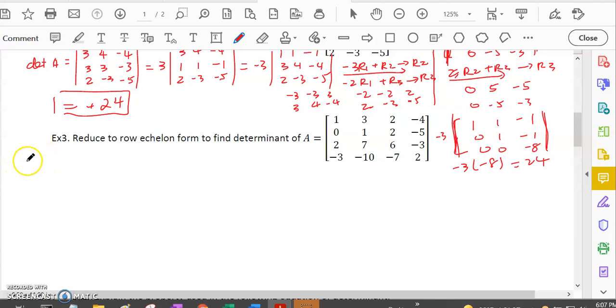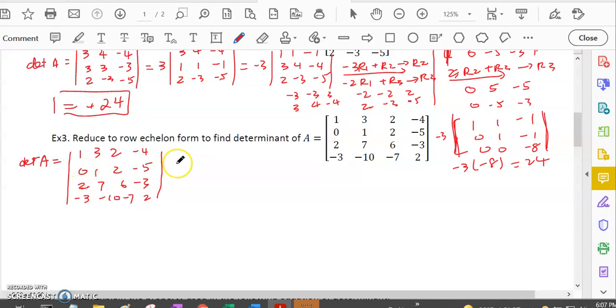So we'll say the determinant of A is equal to, actually, 1, 3, 2, negative 4. Just copy it. 0, 1, 2, negative 5, 2, 7, 6, negative 3, negative 3, negative 10, negative 7, 2. So this is already a 0, so I just need to get rid of the 2 and the negative 3.